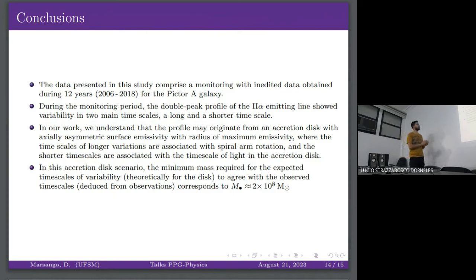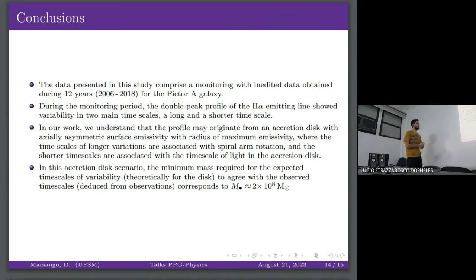The conclusion of this work is that the data comprise the majority of the data over 12 years. In this monitoring, it's possible to identify two scales of variation, one long and one short time scale. In the work, we understand the distribution of the matter. This variation is associated with the spiral arm and the rotation.